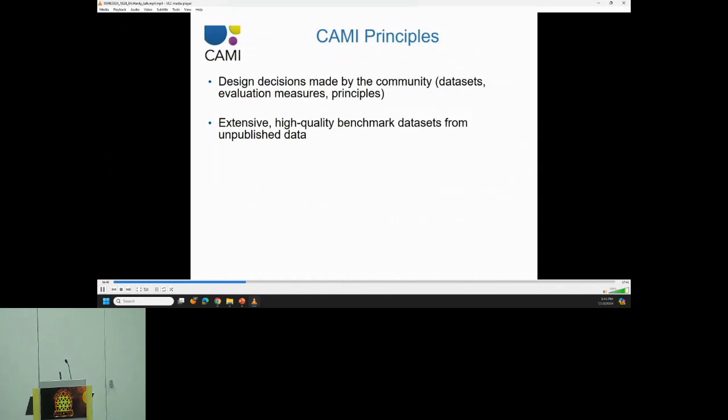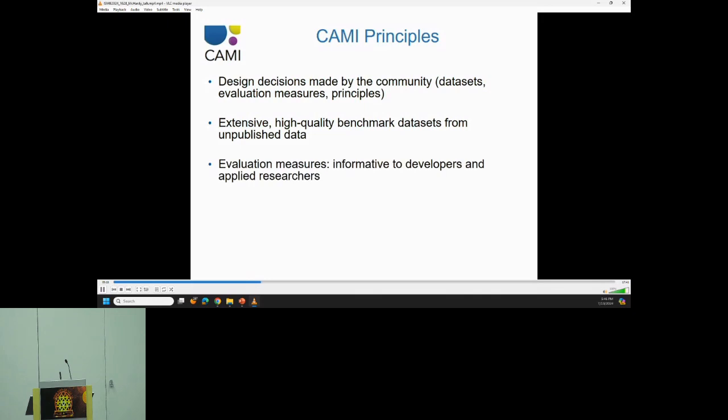And then it was decided that it's really important that we have high quality data sets. They need to be extensive, so reflective of different scenarios that are commonly used in the field. And importantly, they need to include unpublished data, so genomes of organisms that are not found in reference databases. Because in a real scenario, for the data you have from a metagenome of a microbial community, that's a situation that applies to a substantial fraction of your sample.